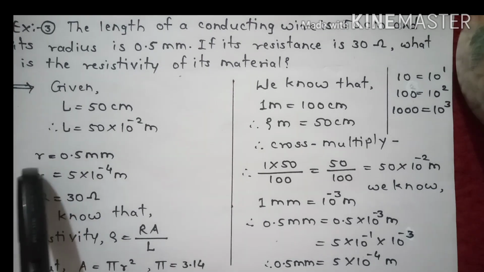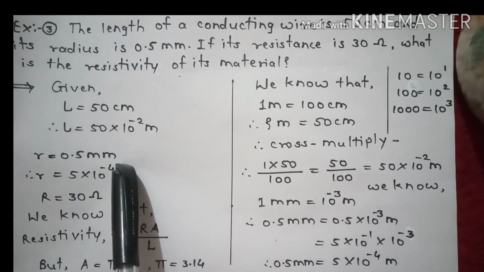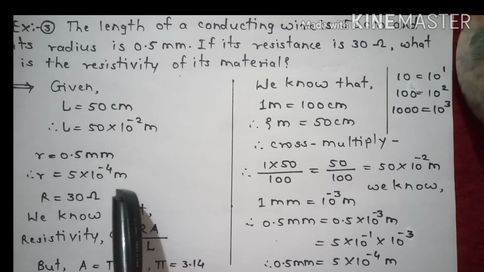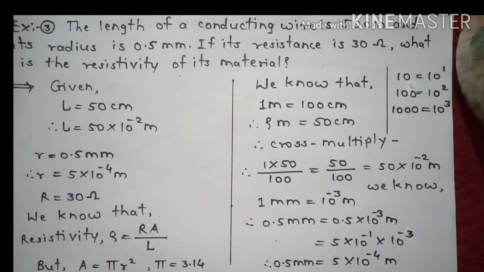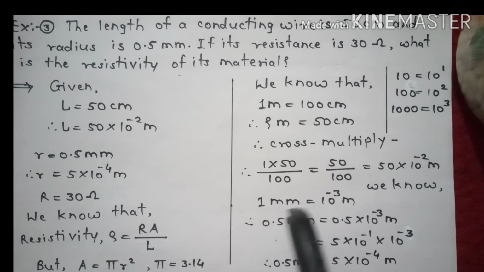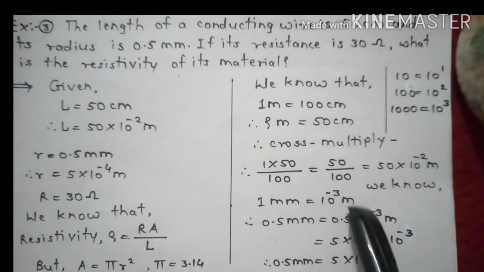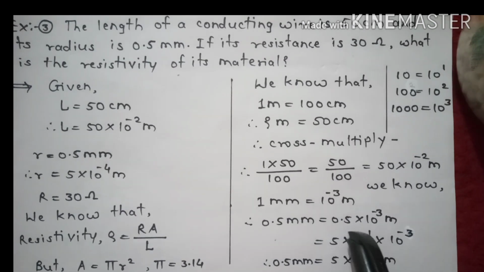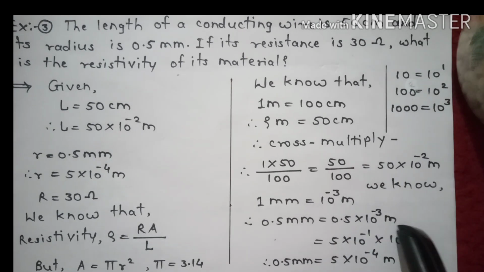meter. Now R is given, that is radius is given 0.5 millimeter, that is equal to 5 into 10 raised to minus 4 meter, means here millimeter converted into meter. How to convert that also we will see. We know that 1 millimeter is equal to 10 raised to minus 3 meter. So therefore 0.5 millimeter is equal to 0.5 into 10 raised to minus 3 meter.